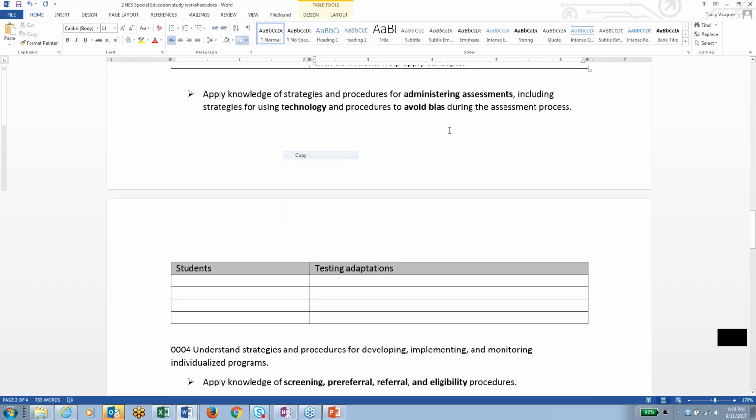Now, apply knowledge of strategies and procedures for administering assessments, including strategies for technology, procedures to avoid bias during the assessment process.